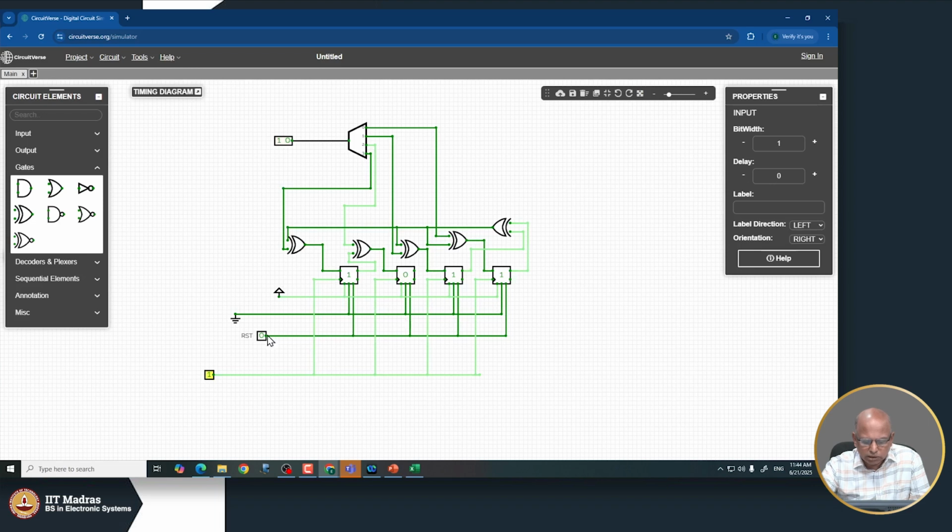So let us start all over again. Let us start with 00. I have reset the signal. I'll go back to reset equal to 0. Now what I'll do is change the input 00, 01, 10, 11 like that.